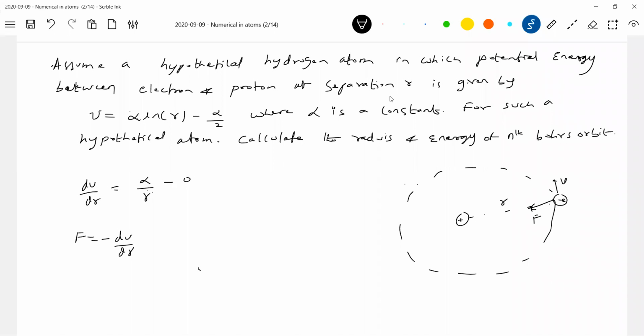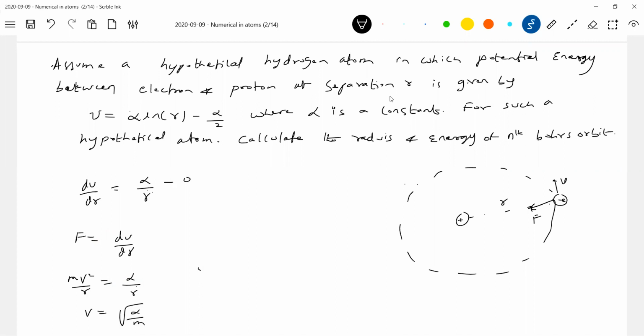Okay, it is going to make an atomic structure like this, electron and proton. Then F equal to minus dU by dr. So what is F? This will provide the required centripetal force. So this should be equal to minus of alpha by r.